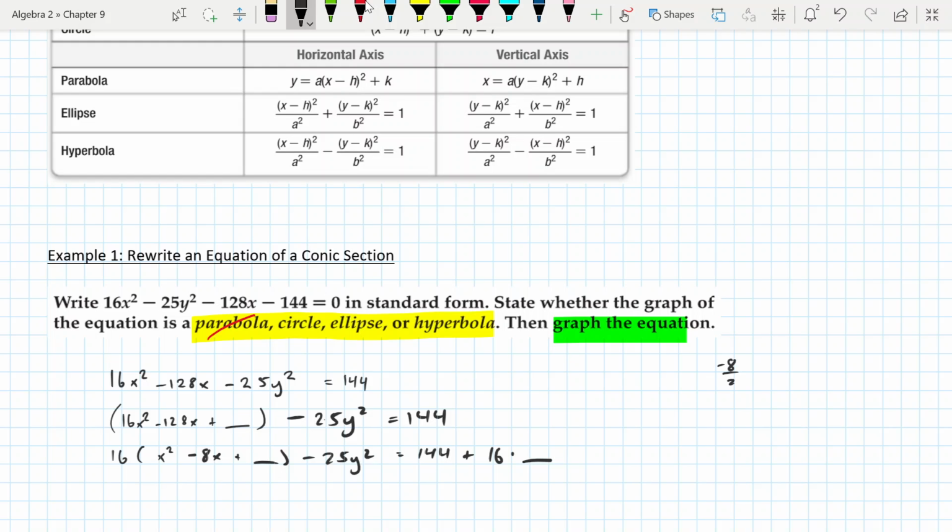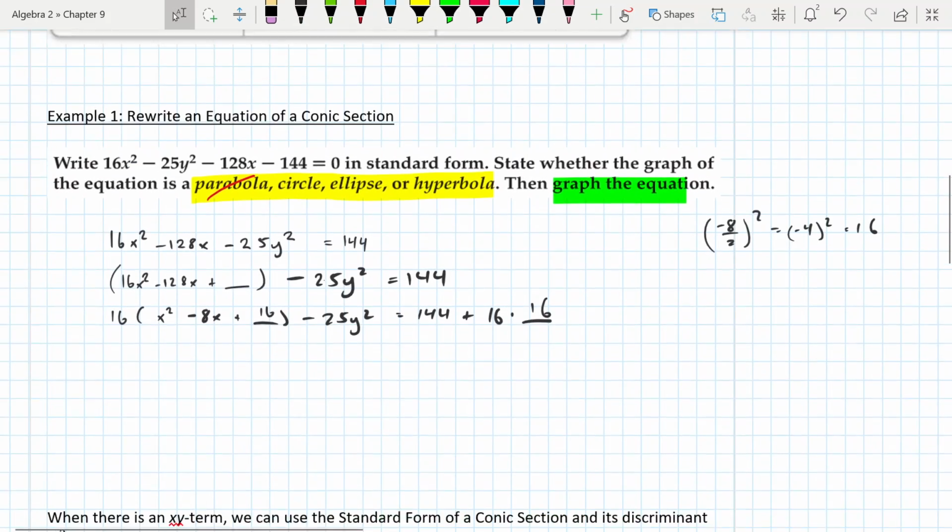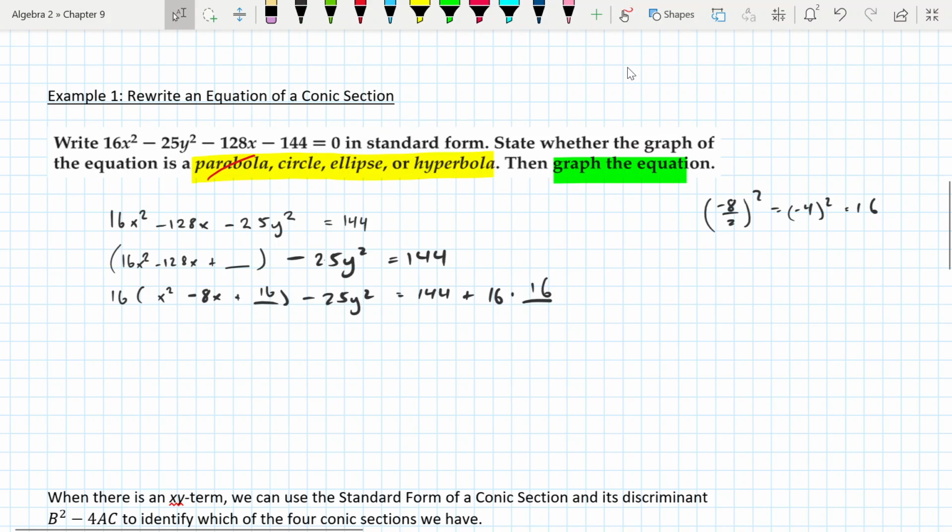Negative 8 divided by 2 squared is negative 4 squared, or 16. And 16 times 16 is 256. So I have 16 times (x minus 4) squared minus 25y squared equals 144 plus 256 equals 400.